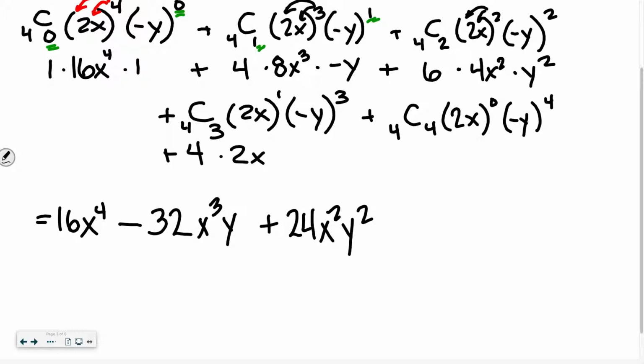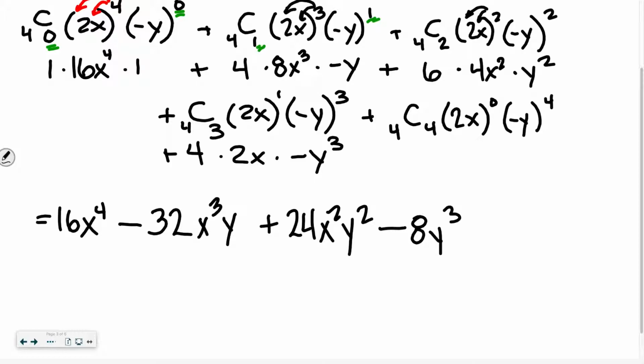It's negative. So this is times another negative, and now it's y cubed. Okay. Please do not write this as 2x minus y cubed. It's not subtraction. It's multiplication. A positive times a negative is a negative. So it's just going to have a negative coefficient like this 32. Okay. That would be negative 8xy cubed.